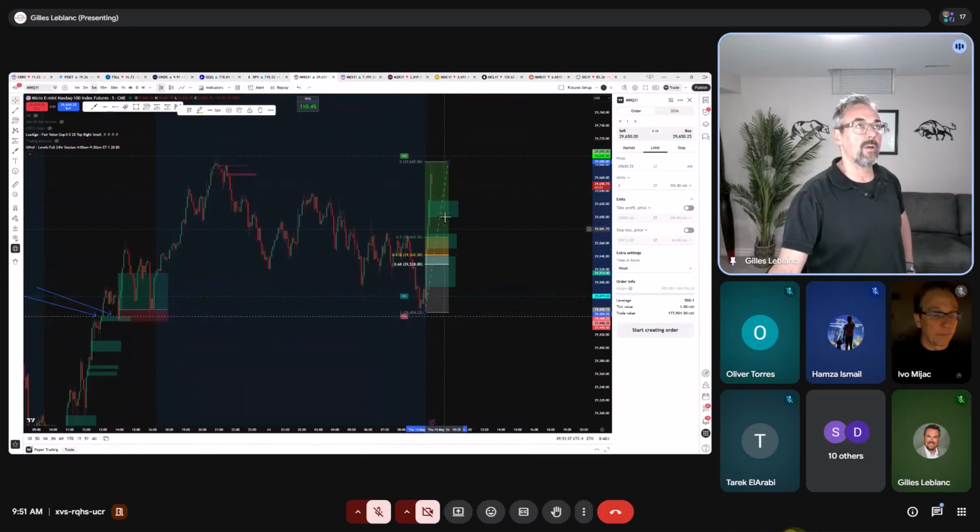I will, however, if we do close this candle red and it does start pulling back, I will start looking at it and I'll put an alert right above it because the bulls are in control right now. It is likely, I think 50% chance, that it's going to continue buying at this level.